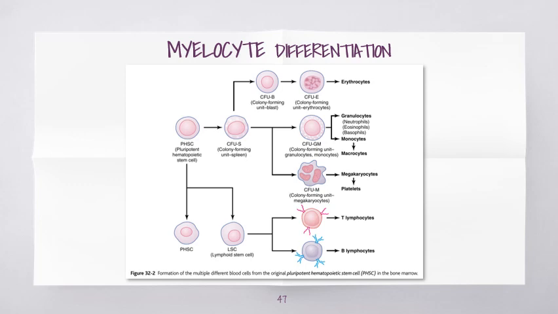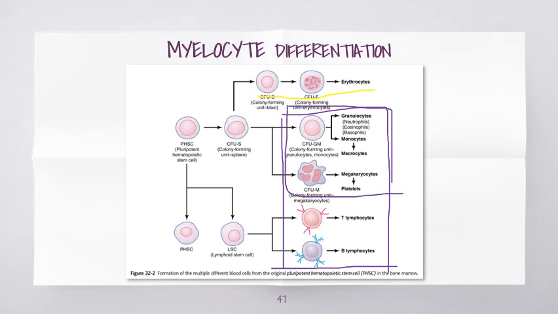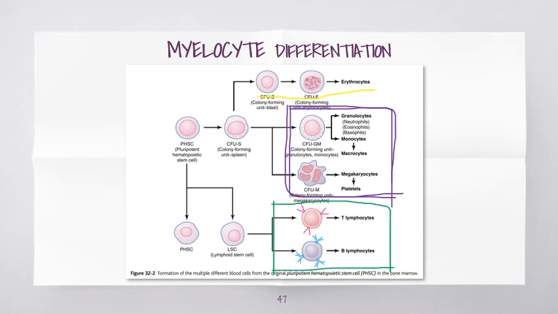Aside from the cells committed to the erythrocytes, let's focus now on the two major lineages of white blood cells. Again, the myelocytic, this group, and the lymphocytic, this group.